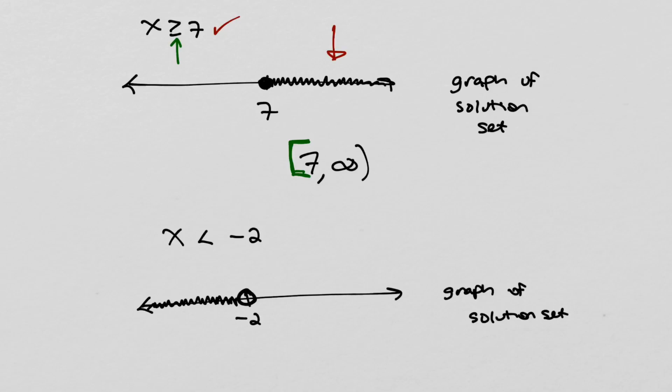And the interval, if you look at it from left to right, goes from minus infinity to minus 2. Again, we can never use an infinity, so that's always open. And in this case, I am strictly less than negative 2, not less than or equal to. So since I can't use it, I will keep that one open. So that's an interval of my solution set.